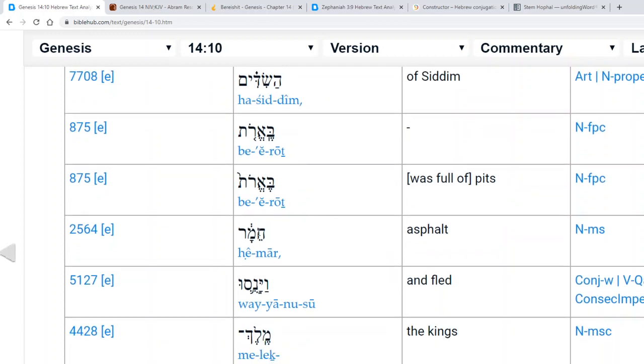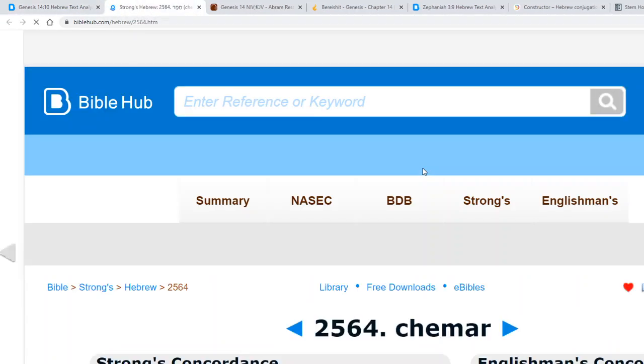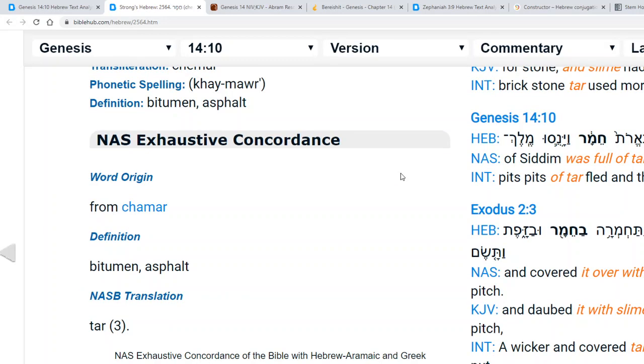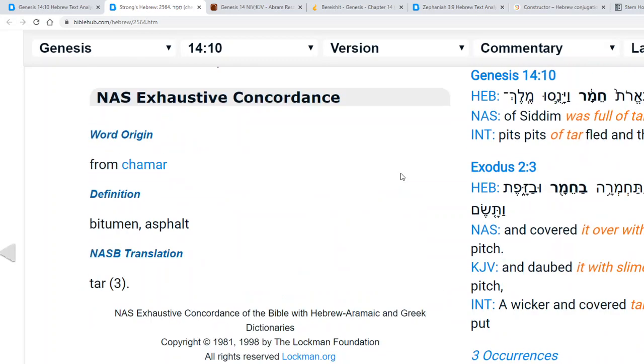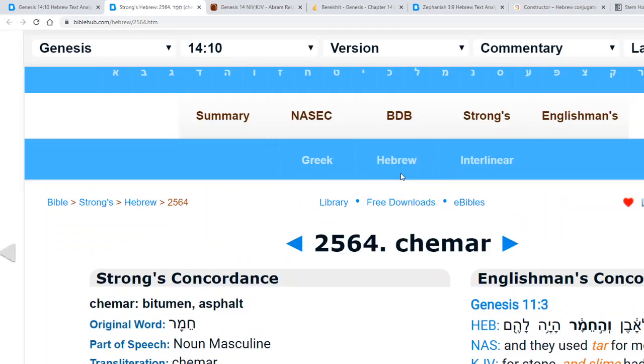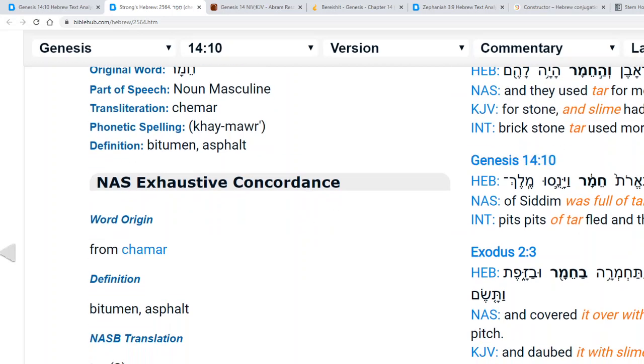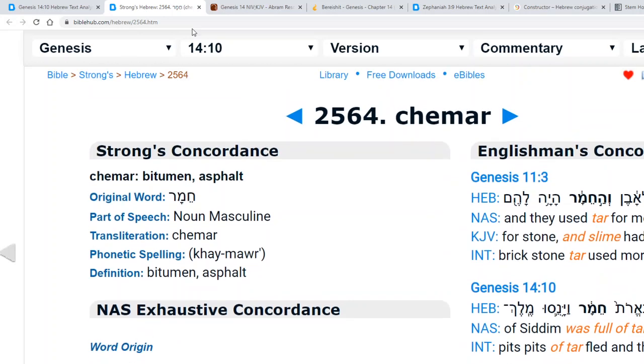Chamar. So they're translating that as asphalt. Het mem resh. You can look in your concordance if you want. Let me see how many times this shows up. Chamar shows up 3 times. Yeah, asphalt, I guess. Tar, it's translating.